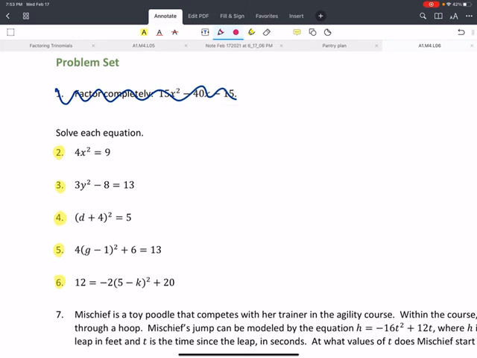Okay, now these are not a lot of problems, but some of them take longer than other problems. For example, number 5 and number 6 probably going to take you a minute. Okay, just give those a try. When you're done, upload your assignment to Google Classroom.